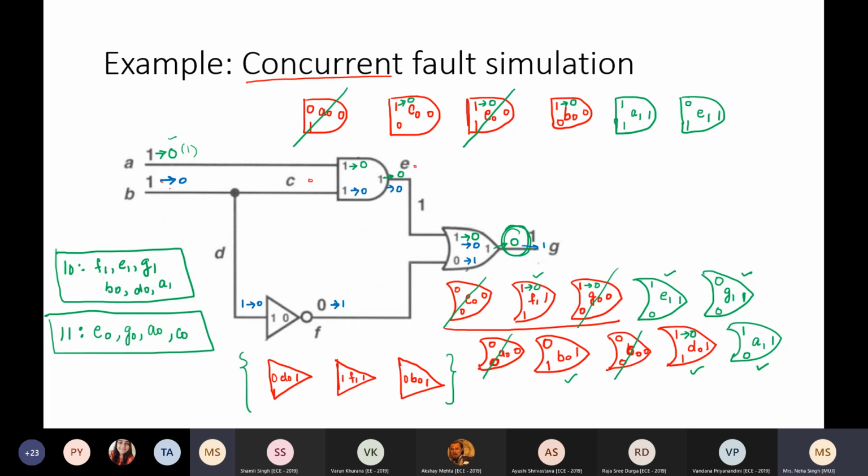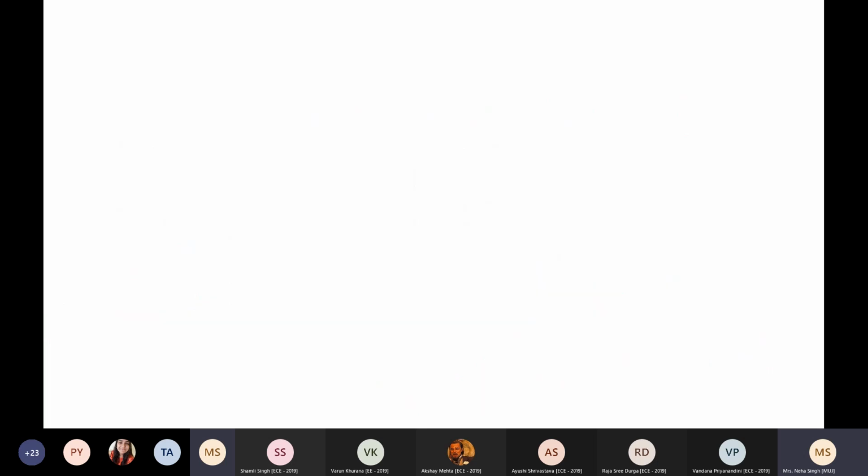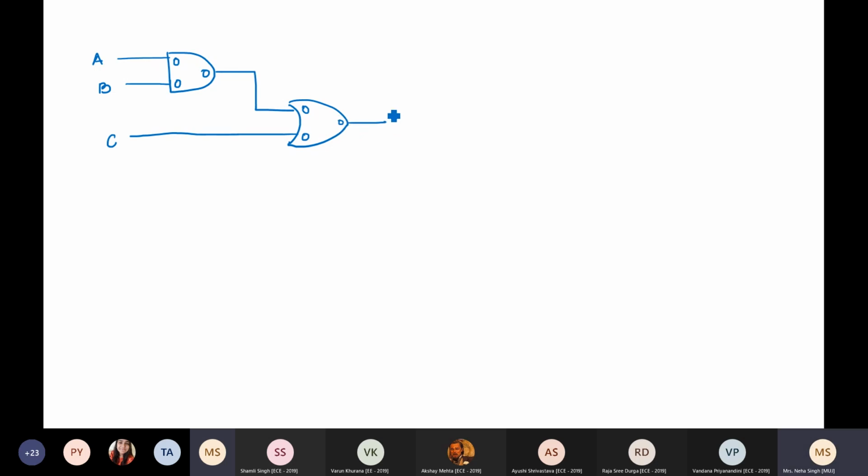Just give it a try with the next two circuits that I'm going to give you, then it will be clear to you if you work with these circuits. The first circuit is simple, an AND gate and an OR gate, with three inputs A, B, C. 0, 0, 0 gives the non-faulty circuit.